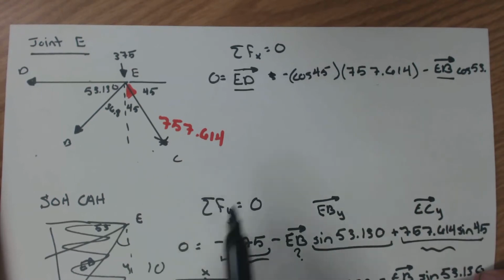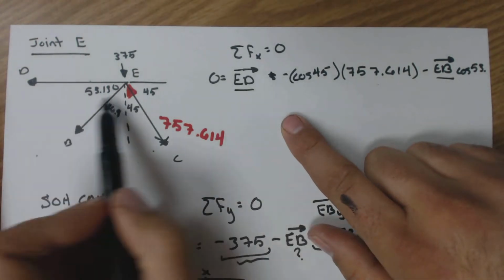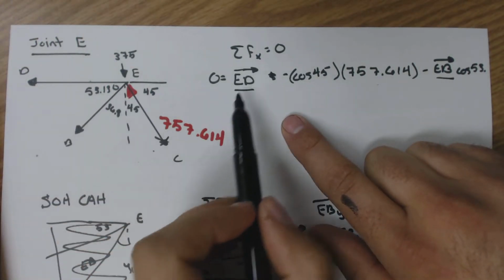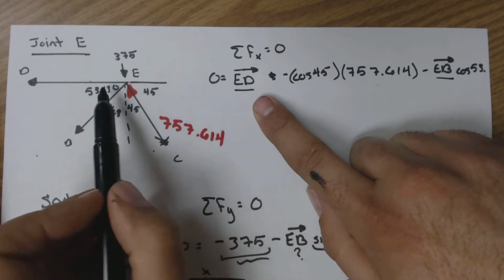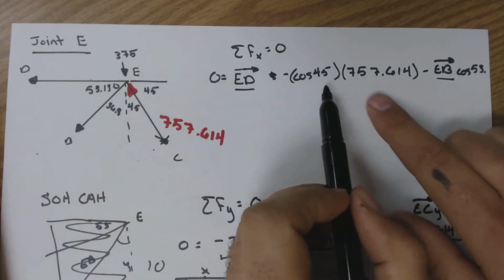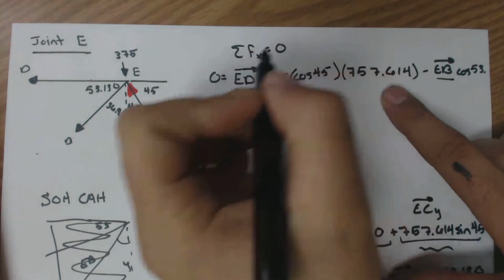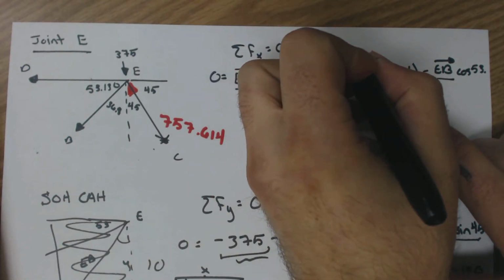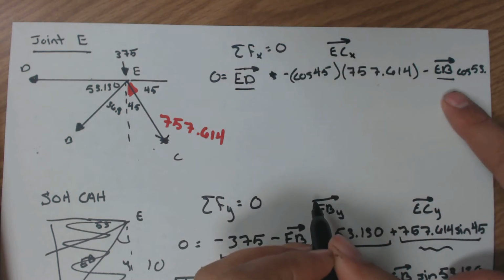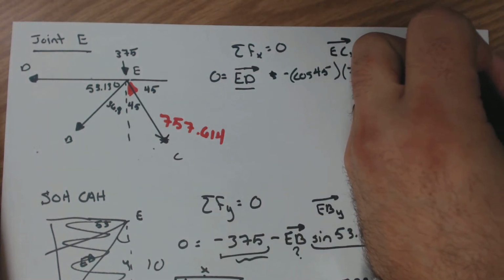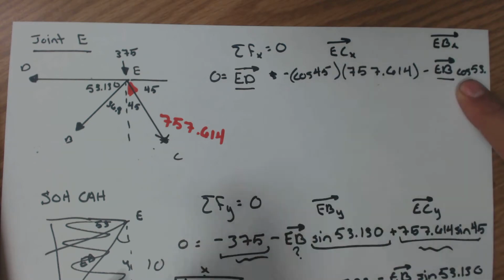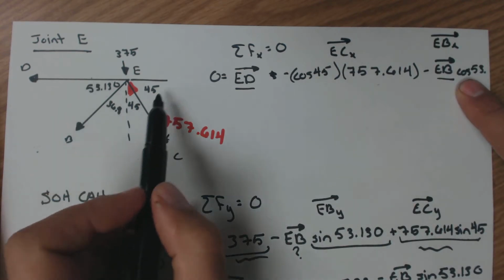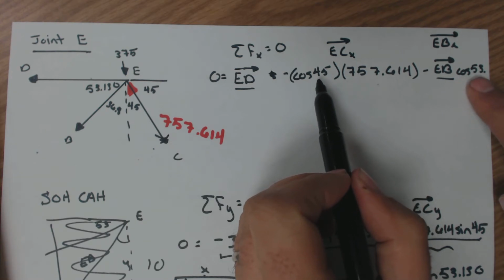Up top, I have these three vectors. ED, it's already just horizontal. This is the 757, so that's EC in my x, and this is EB in my x. Since I'm referencing my x-axis, I use my cosines of those angles.